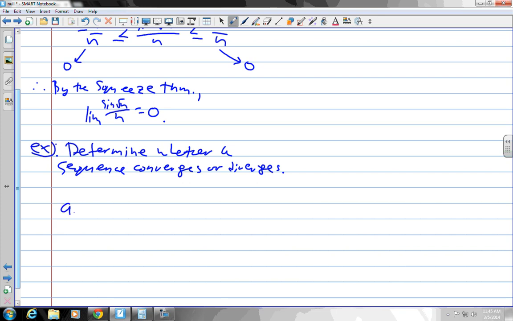And the sequence, let's try this one: 1 plus -1 to the power n, over n. What do you think about this one?